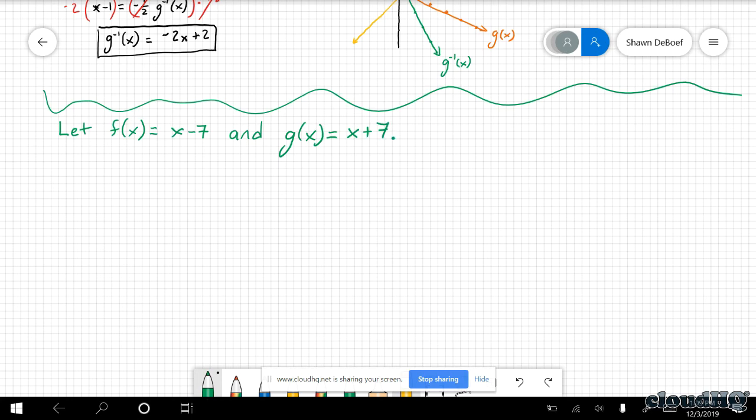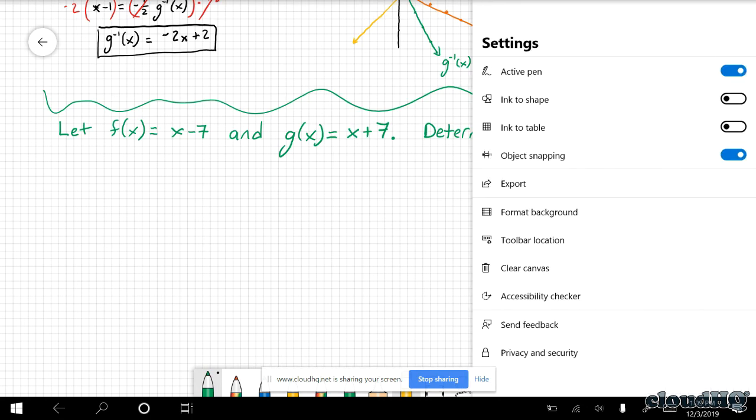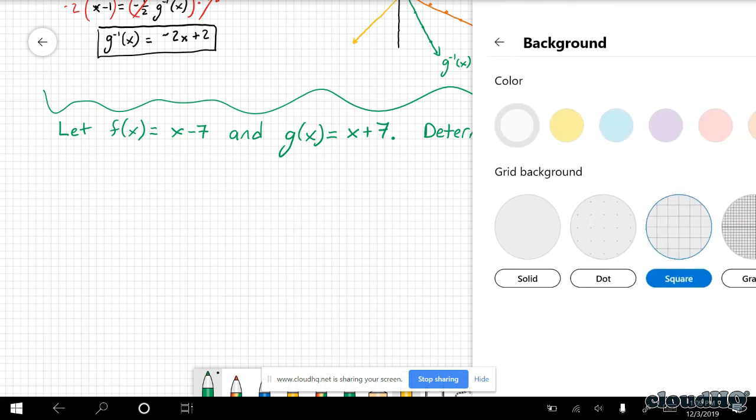Determine if they're inverse functions, meaning inverses of one another. To do this, let me get rid of that background. I don't need the graph paper anymore.